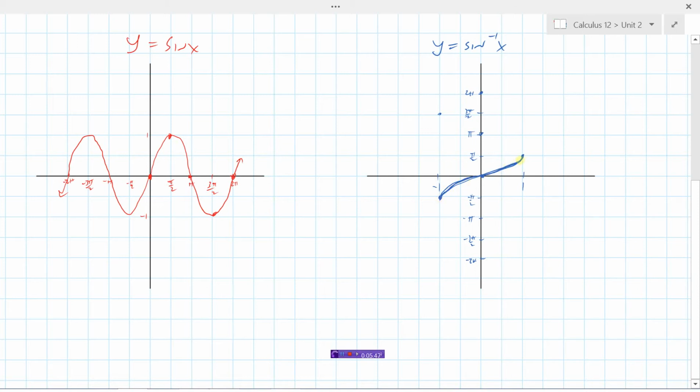It goes from -1 to 1 on x, and it goes from -pi/2 to pi/2 on y. If it goes any farther past that, it's going to start curving around here and here and not be a function anymore.